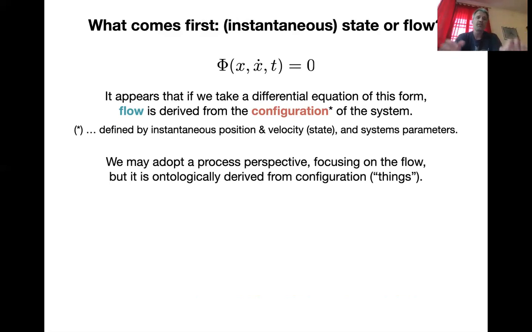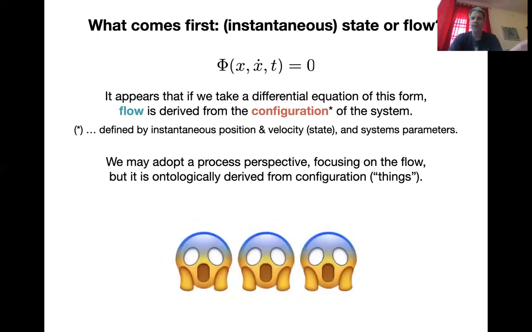Okay, so if we adopt the process perspective, we focus on the flow. But this flow is secondary. It's derived from states, from configurations, which are things, okay? Horror. I've been talking about how we want to take a process perspective, but now we seem to have taken an approach which is based on a formalism based on things.